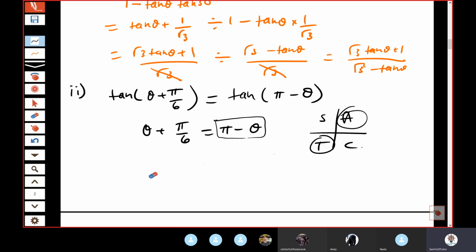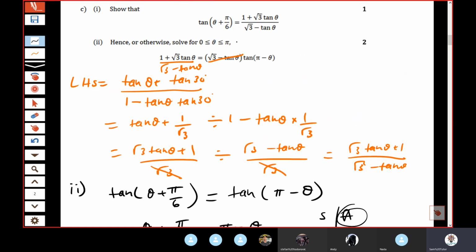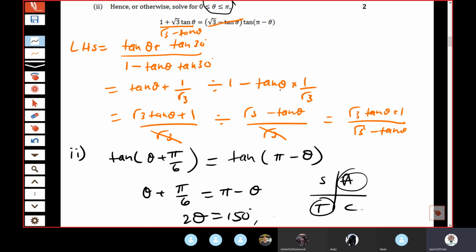So I'm going to rub that out. You have to watch out for that. You can't just assume you can continue from where I left. All right, back to what I had, which was 30, 180, 150 degrees. That's 2 theta. What do we usually do with 2 thetas? We also add 360, but it says from 0 to 180 anyways.